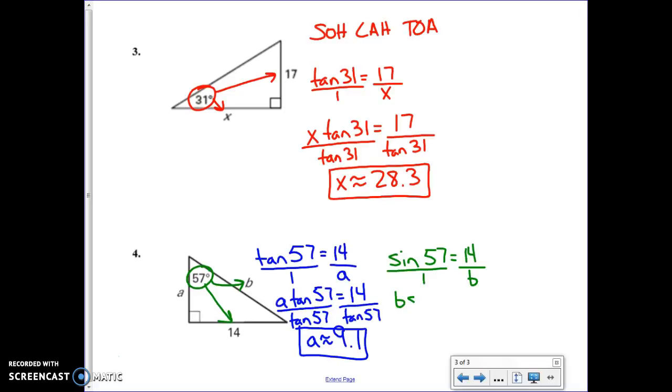So B times the sine of 57 is equal to 14. I'm going to divide by the sine of 57 on both sides. So B is approximately 16.7.